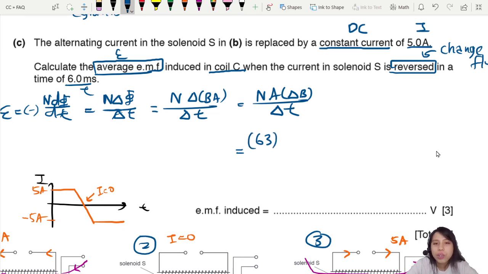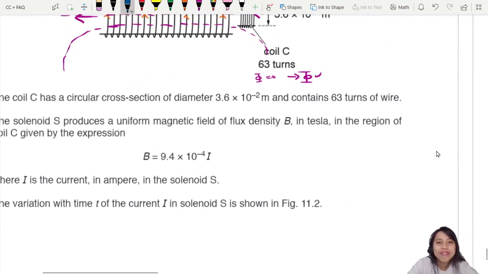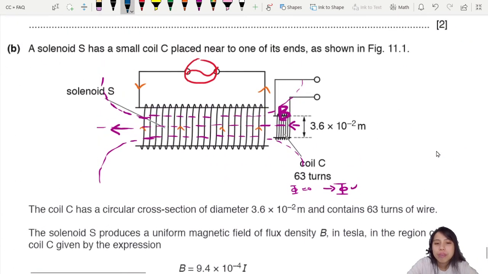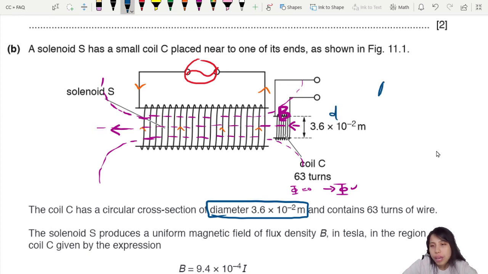Area. What is area? Let's go back to the diagram. They didn't give area, but they did give us a cross-section diameter. Aha. I'm going to use the radius, which is half of D. The cross-section area of this cylinder, or I should say the area where the flux passes through, is pi r squared.